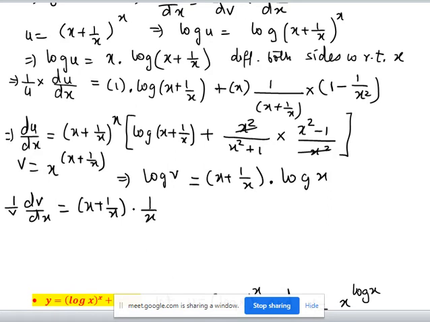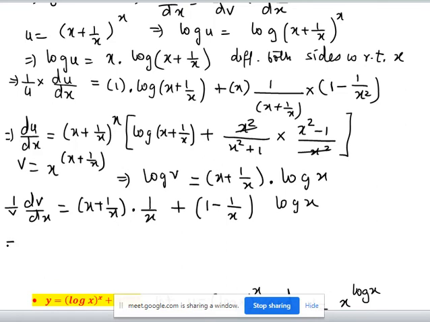Okay, so the first part of the product rule is done. Then plus, keep log x as it is and differentiate this. Just now while finding du over dx, we had differentiated x plus 1 over x. So we saw the derivative was coming out to be 1 minus 1 over x square. And log x we are keeping as it is.